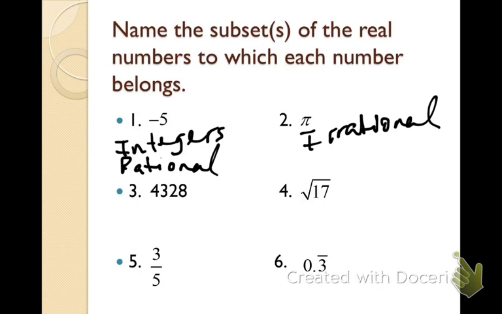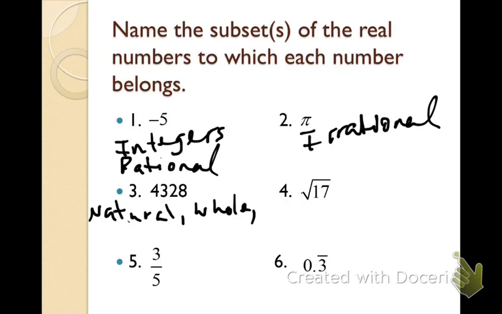What about number 3? Gary, what do you think? Natural numbers. Natural? Yeah. Is that the only one? And also the whole numbers. Sure. It fits there too, right? Which means it can probably also fit, right?